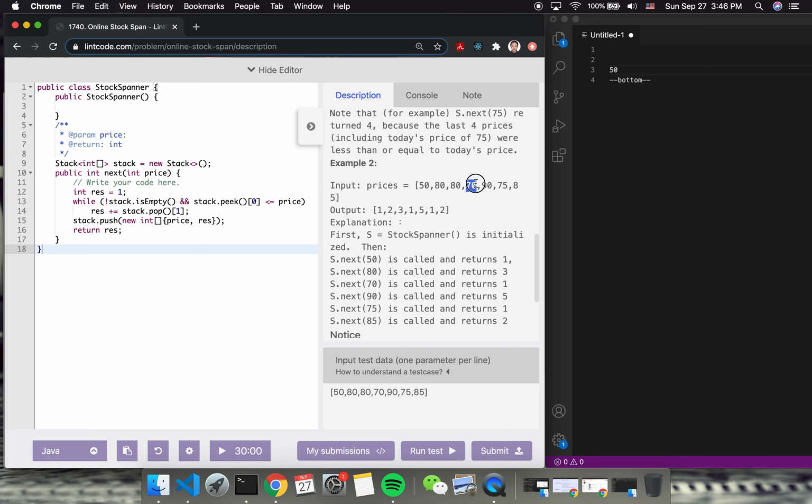For example, here at 70 we go back, and if we see 80, we simply stop counting because it's not consecutive anymore. Return the result.